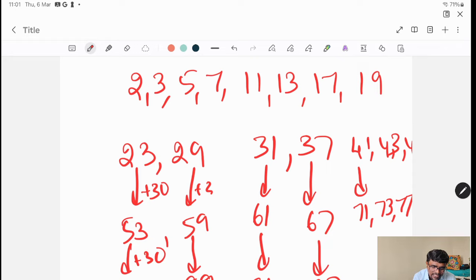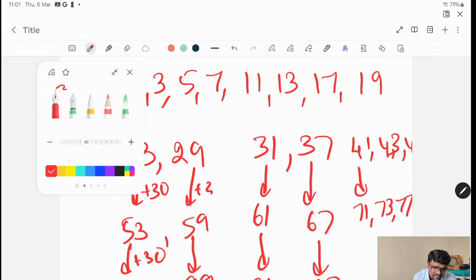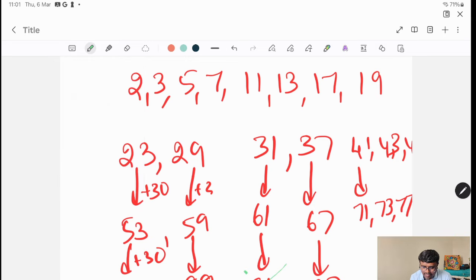But I hope you identified that 91 is not a prime number. That also you need to remember. That is the reason I wrote it. Interestingly, I wrote 91 on purpose. 91 is not a prime number because it is a product of prime numbers, that is 7 into 13.